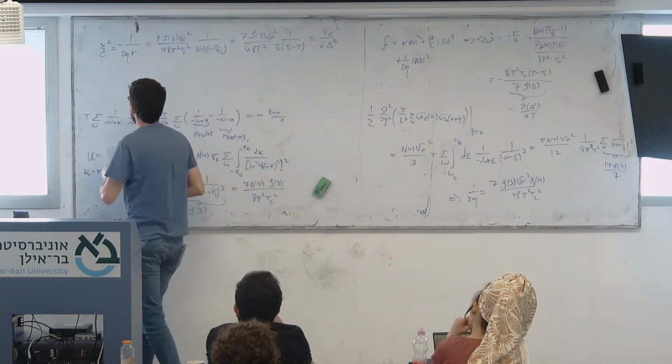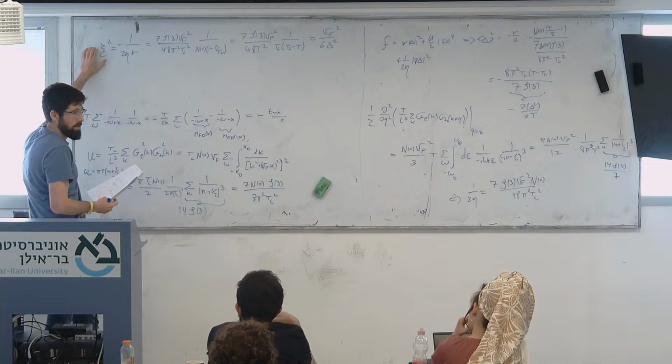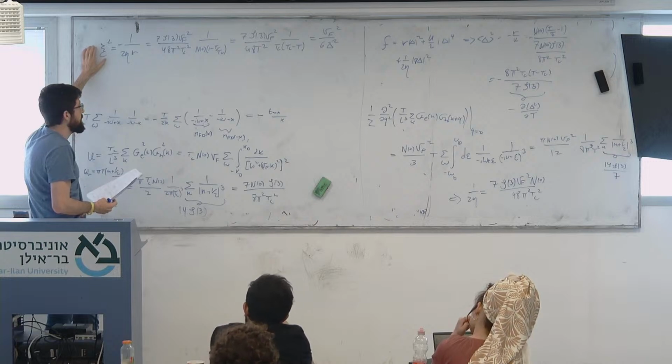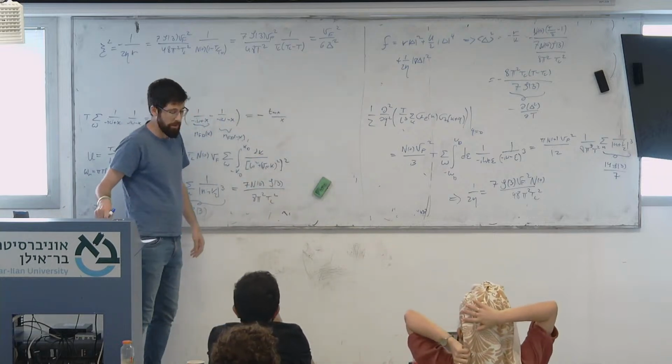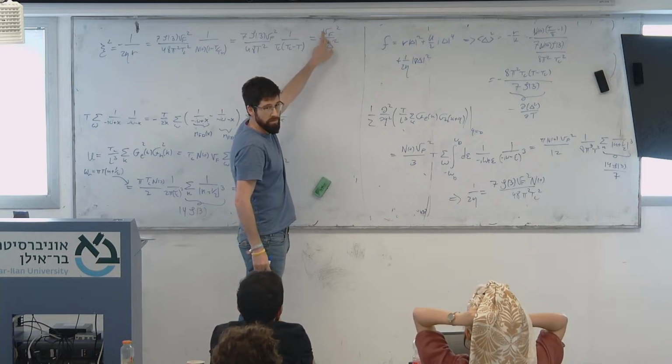So this gives you an expression for the prediction of BCS theory for the coherence length close to T_c. And you see that this has units of 1 over length squared, because this is energy and this is velocity.